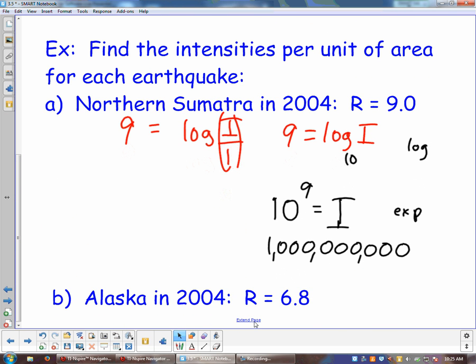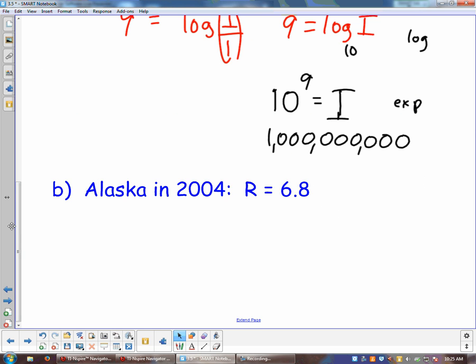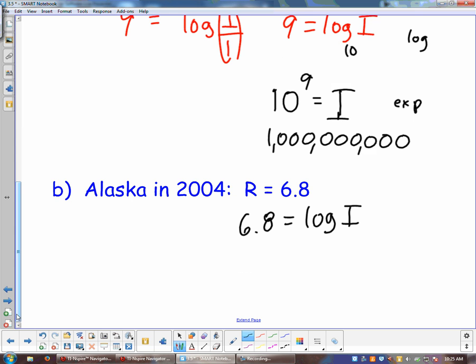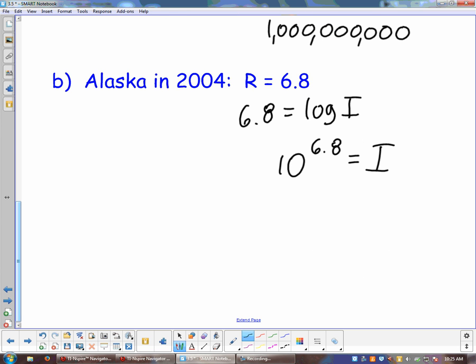All right, and so if we compare that to the earthquake in Alaska in that same year that had a rating of 6.8, what would be the intensity of that one? So we want 6.8 equals log I, and rewriting this one, Bailey, what would we do? 10 to the 6.8 equals I. And what is 10 to the 6.8 on your calculator?